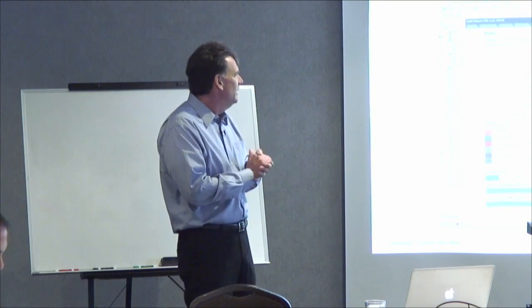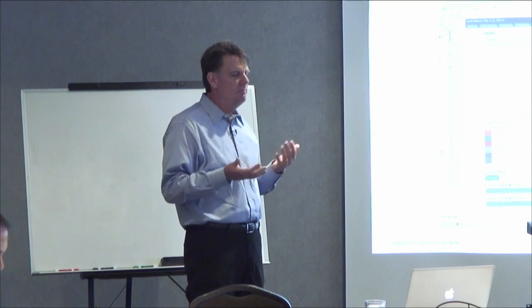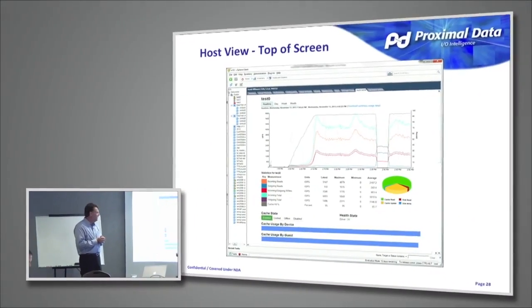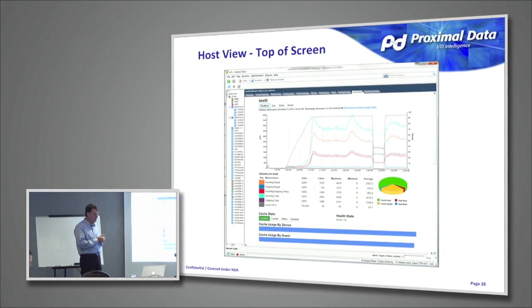This screen represents the top of our main UI within vCenter. This is the host level view. There's a couple things I'm going to point out on here. The first is the pie chart. The pie chart represents a real-time look of how information is flowing through the system.